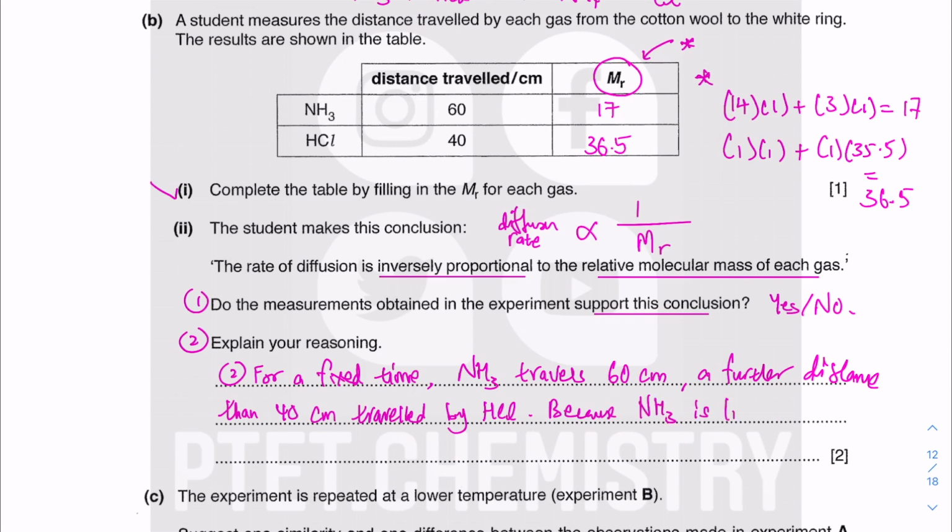NH3 is lighter. Use it as evidence versus the heavier HCl, MR 36.5.